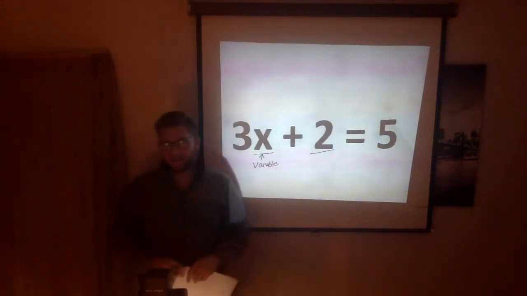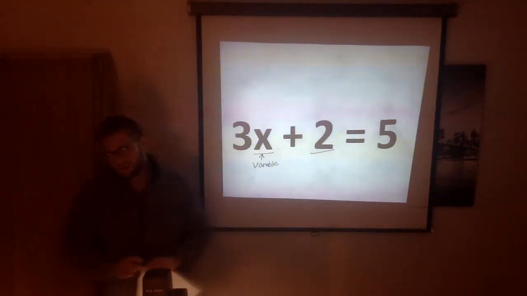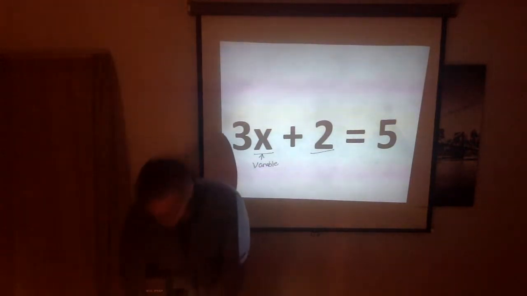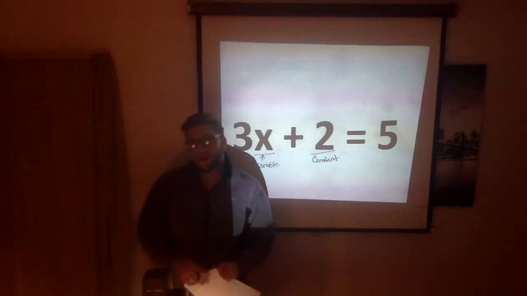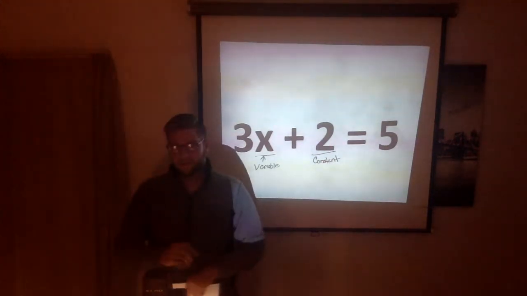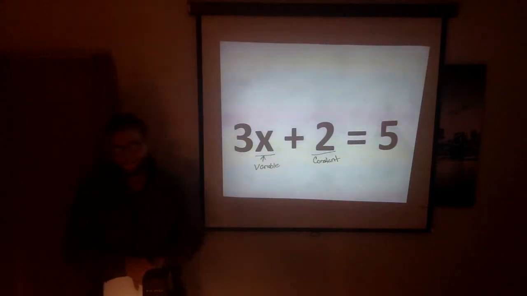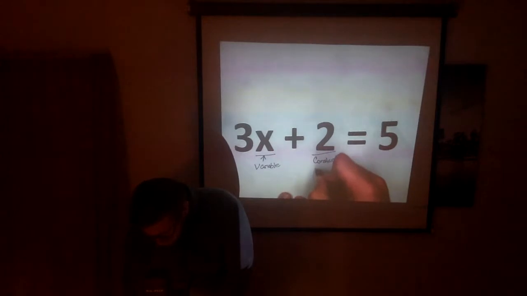Turn to your neighbor. Good job. It is the constant. And why might that be the constant? How come we're calling that 2 the constant, but the x a variable? Nice, because there is no variable with it.